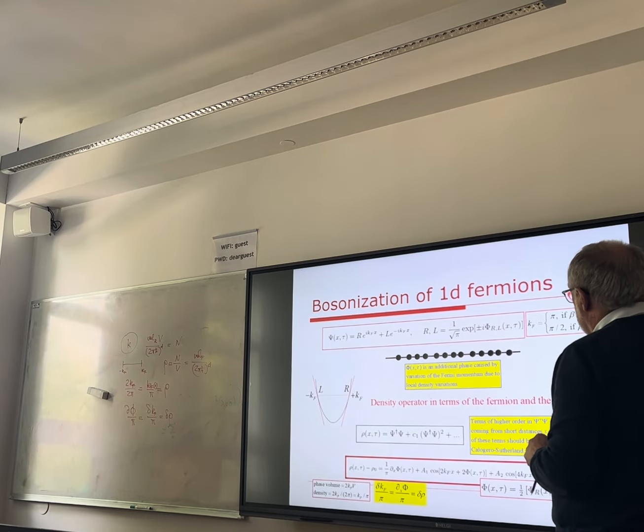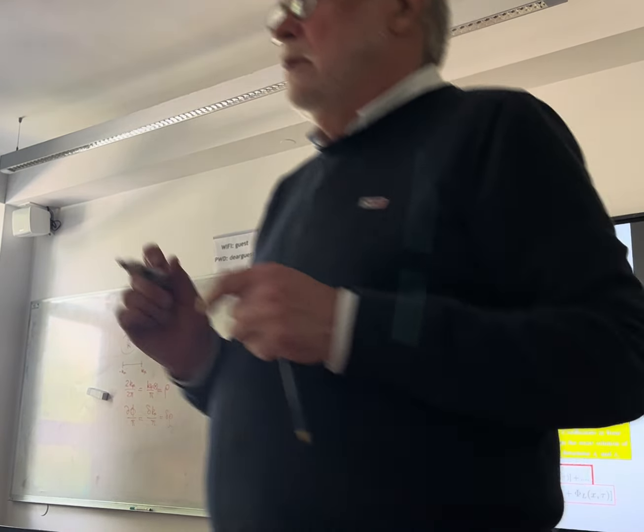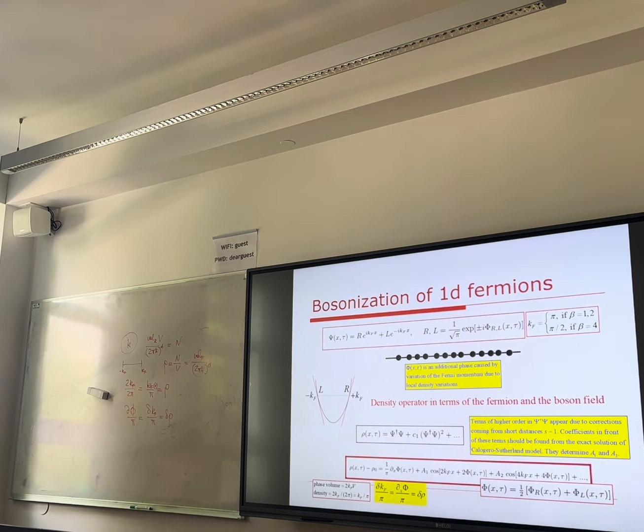Vladimir? Do I understand correctly that in higher dimensions we cannot do that because we don't have a linear dependence of the density on the Fermi momentum? No, in the beginning I'm in the Fermi system, right? And therefore the density is a quantum fluctuation of the density.